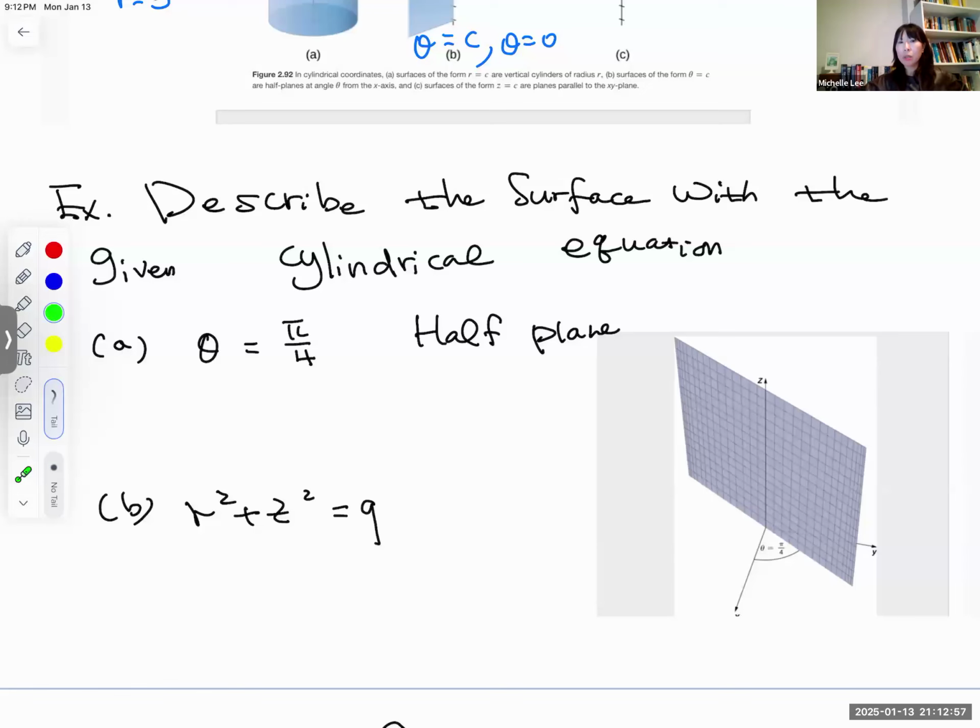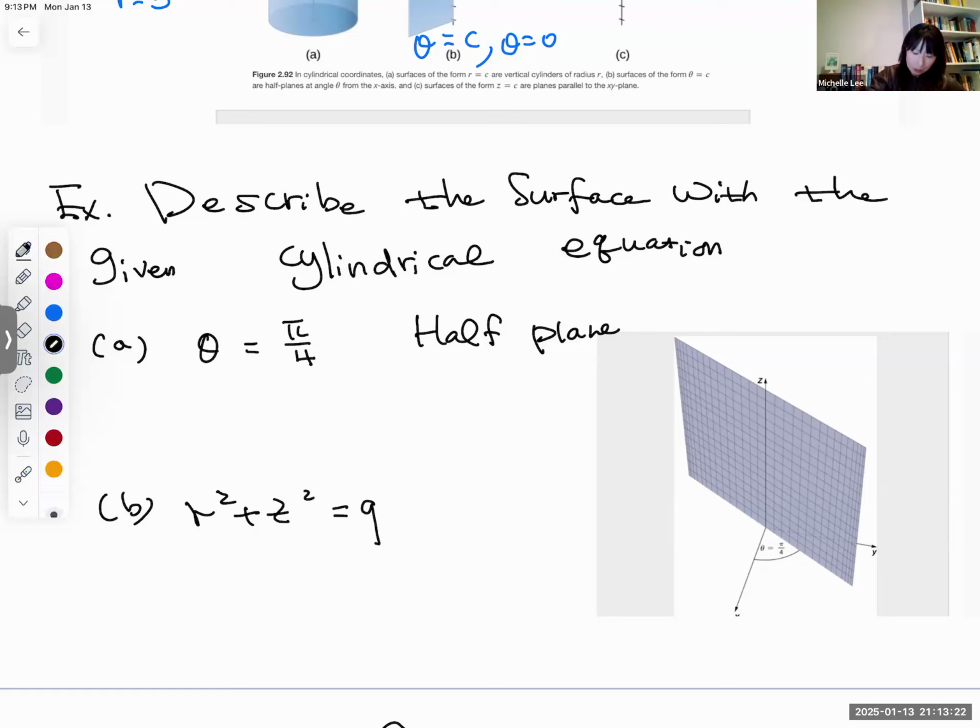Okay, how about the second one? r squared plus z squared equal to 9. So think about this. We had a formula when we convert from the Cartesian to the cylindrical coordinate, right?